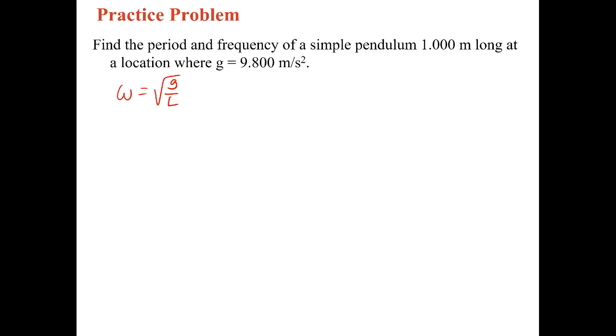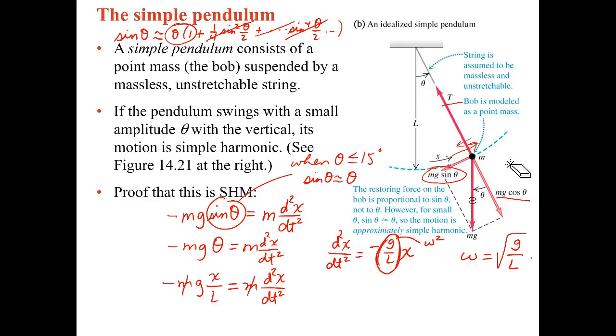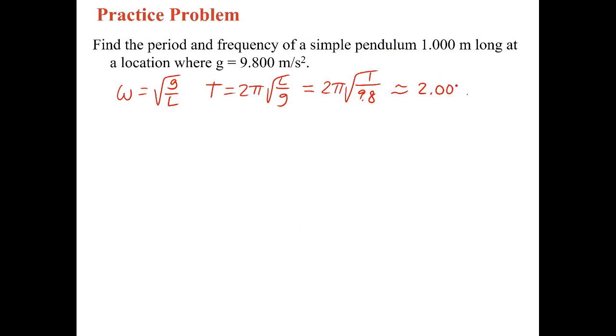And that means that T is 2 pi over that, so 2 pi square root of L over g, so 2 pi and then root 1 over 9.8, and that's going to get us just about 2.01 seconds. Well, we have 4 sig figs, so we'll write it. It's actually 2.007 seconds. The frequency is therefore 1 over that, which is 0.4982 hertz. So somewhere in that range.